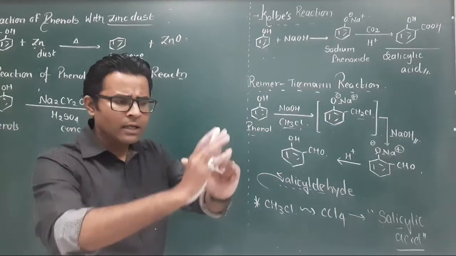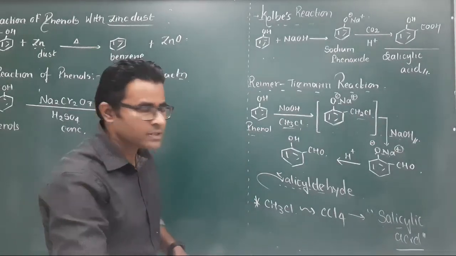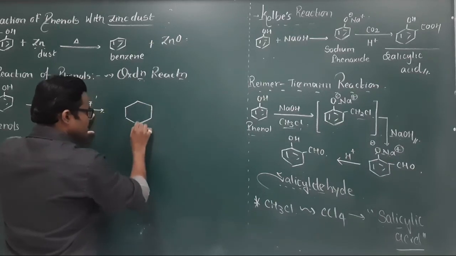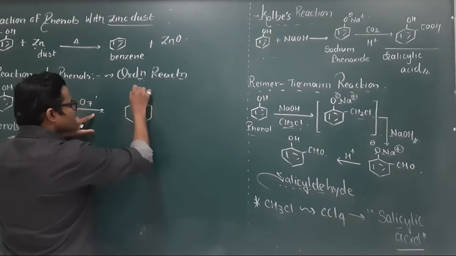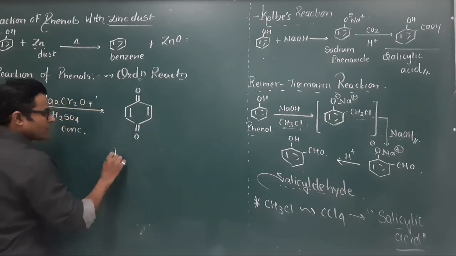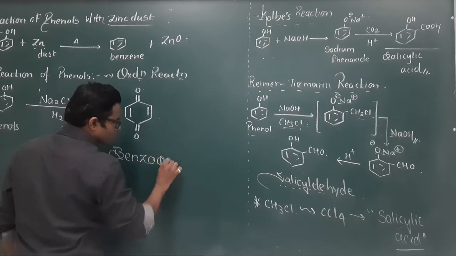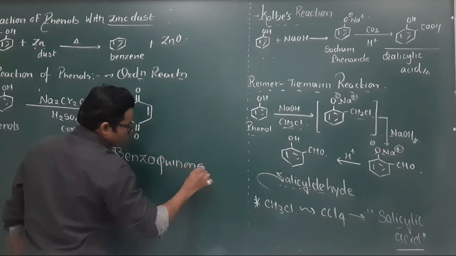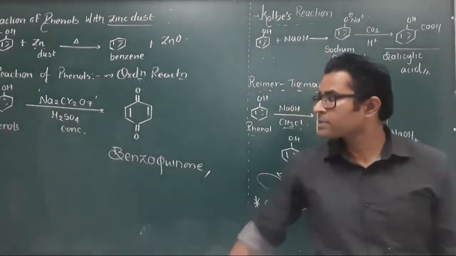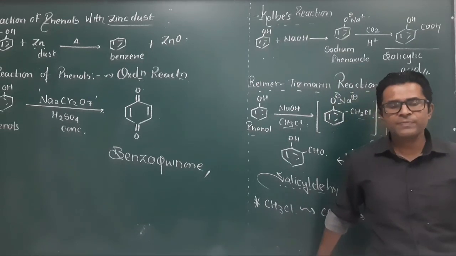Diketones are nothing more than compounds having two ketonic groups. So therefore, this one gets converted to C double bond O, C double bond O over here. This is a diketone which we call benzoquinone. Alright, so here is where we end all the reactions with respect to the phenols.